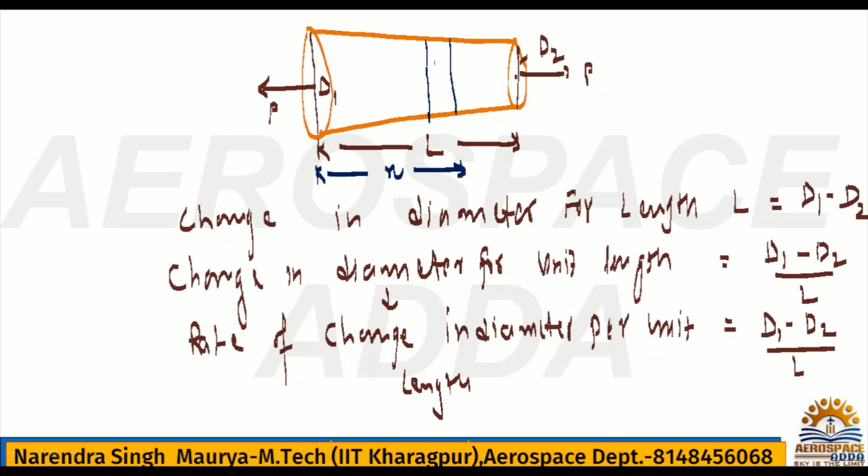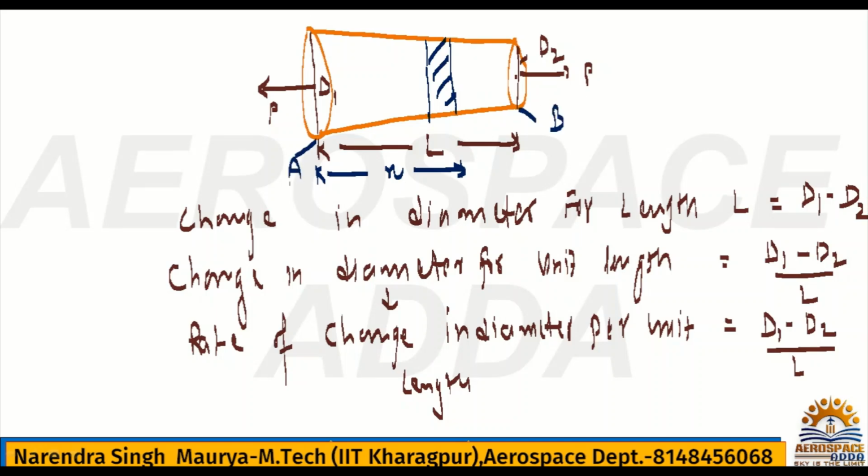The strip I'm considering is just like a ring, because this is a circular bar, so a section around the bar becomes like a ring. From this end, this is A and this is B.